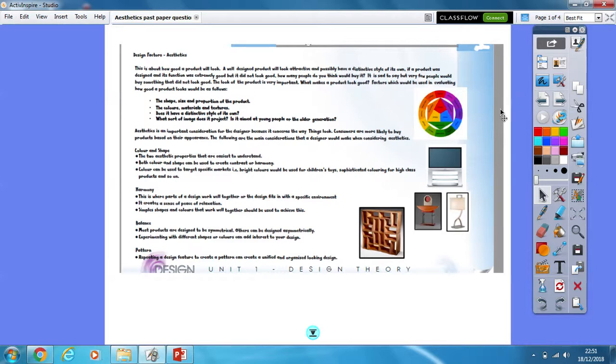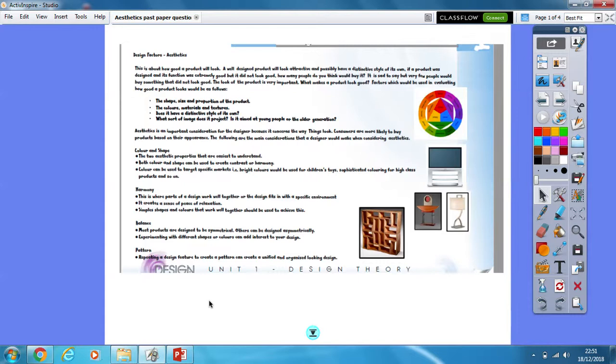So what aesthetic aspects do you need to know about? You need to be able to recognise how colour and shape have been used in a product. You need to know about harmony and how it's been used in a product. You need to be able to recognise balance, whether a product is symmetrical or asymmetrical.